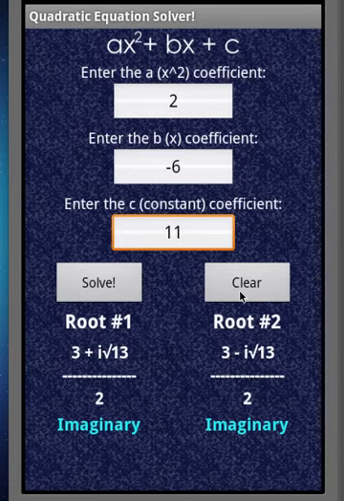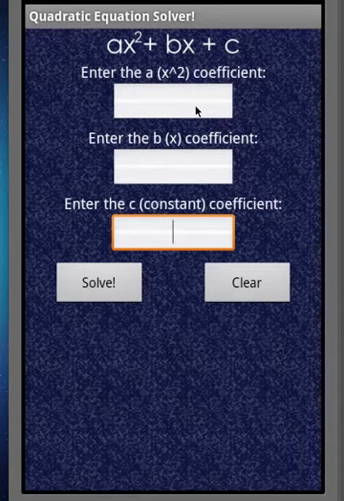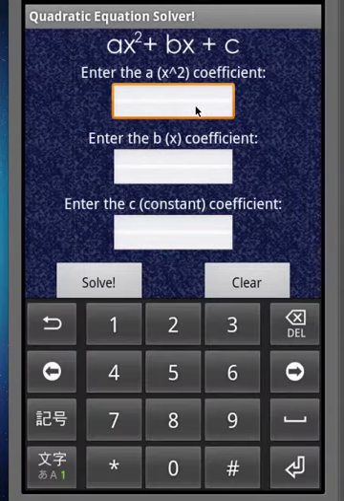What the program also does is you can have b equal to 0 or c equal to 0. For example, say you have a question that says I want you to factor x squared minus 81. In that case, the b would be 0 and the c would be -81. So let's try that and see what happens. So in this case, we'd have x squared, so a would be 1.